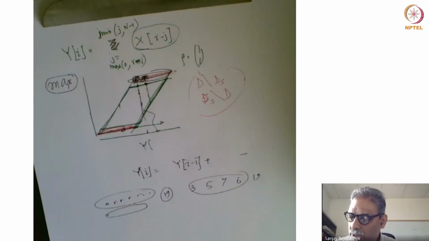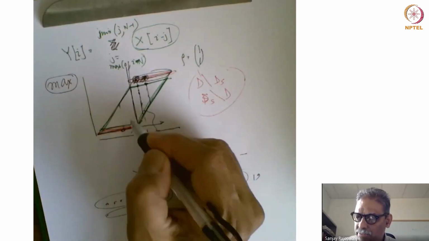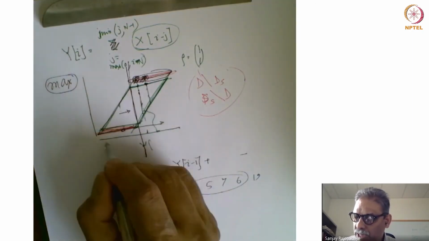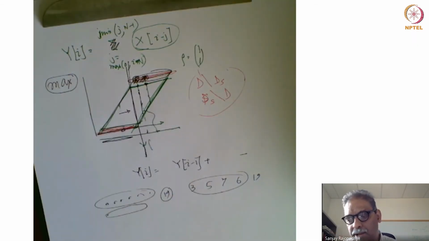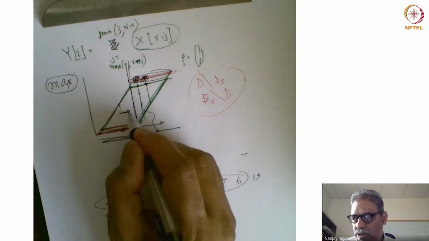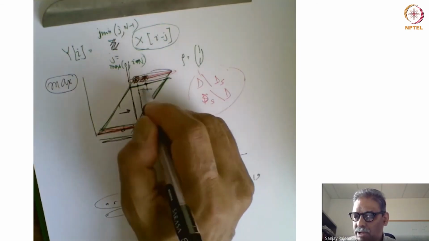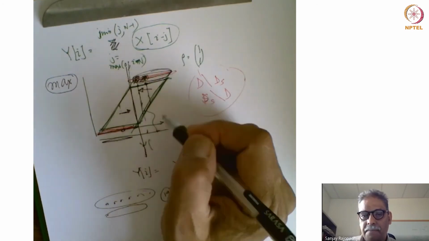So why don't I cut this parallelogram like this? And on this triangle, I shift it to the right. And so on this section of the inputs, I compute a prefix. On this triangle, I shift that triangle to the left and compute this from this answer, right?